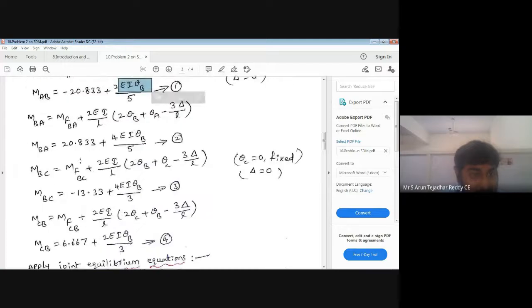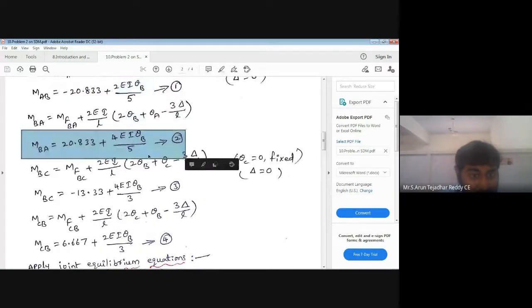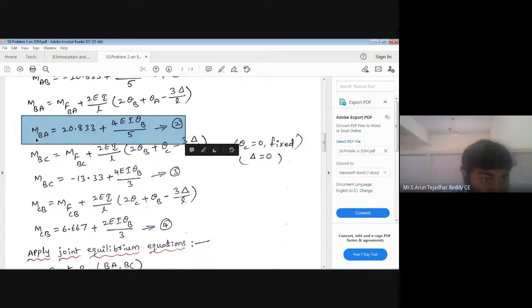Next, coming to the second equation, 20.833 plus 4 EI theta B by 5. In place of EI theta B, just substitute minus 3.51. Then we'll get the value for final moment MBA.